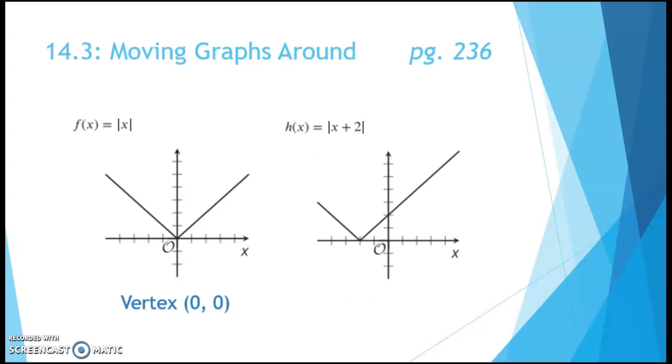The next graph we're going to compare is |x + 2|, and this graph shifted to the left 2 places. This graph now has a vertex at (-2, 0).